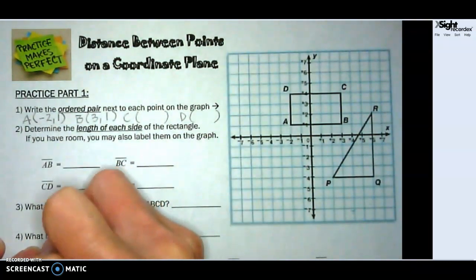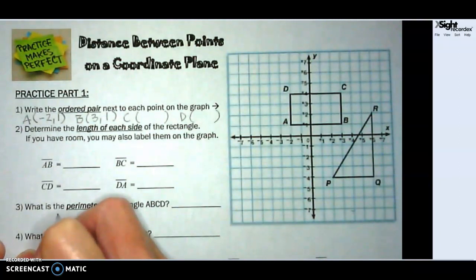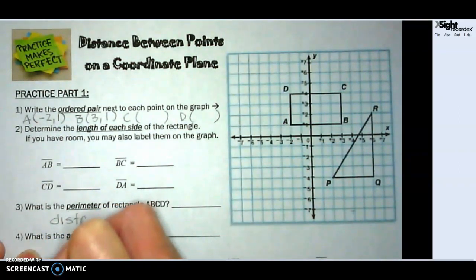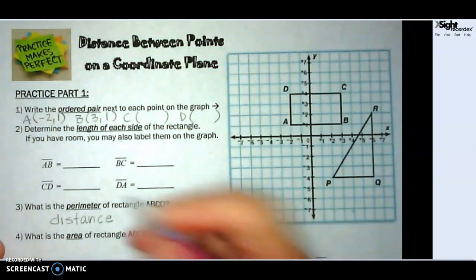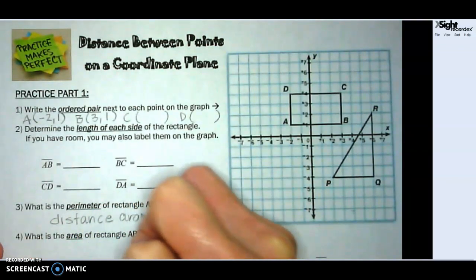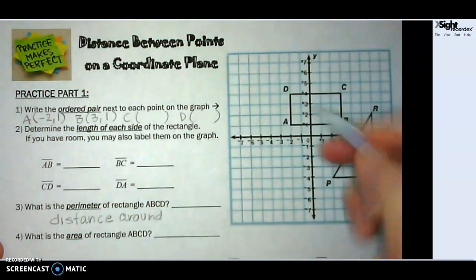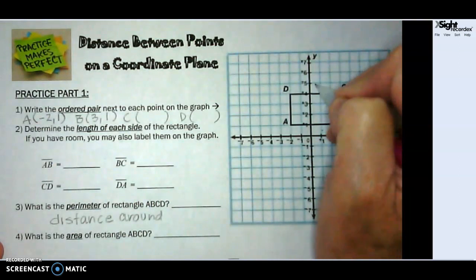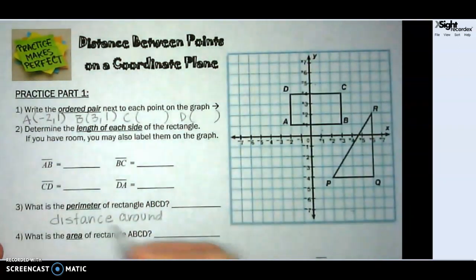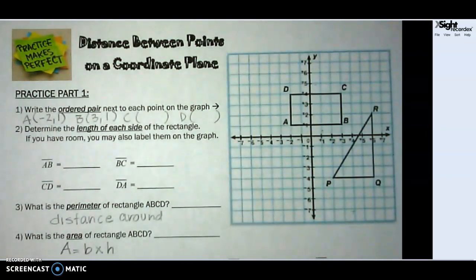Remember, perimeter is the distance around. You're adding this length and this length and this length and this length. The area of a rectangle is the base times the height. So you're on your own.